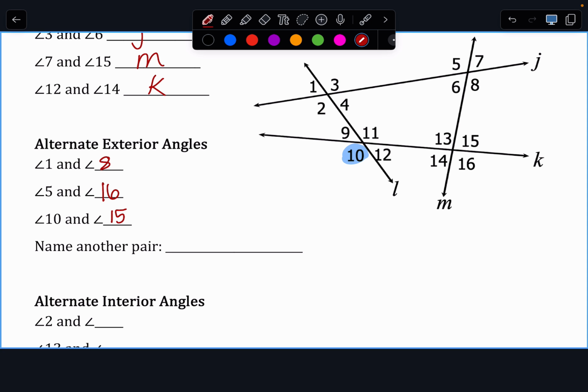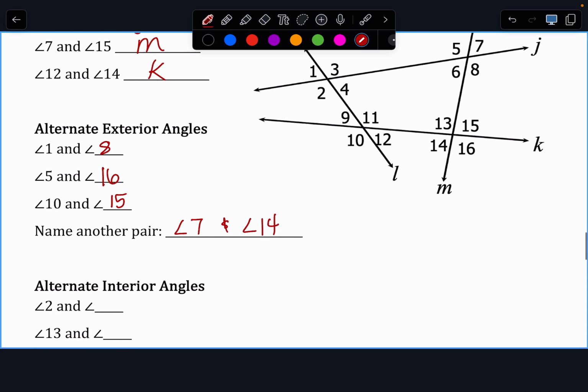You decide. All right, write down another pair. You pick. For the first one, I got 1 and 12. That would work too. Yep. Depends on which transversal you look at. All right, what'd you write down? 7 and 14. Well, what do you know?